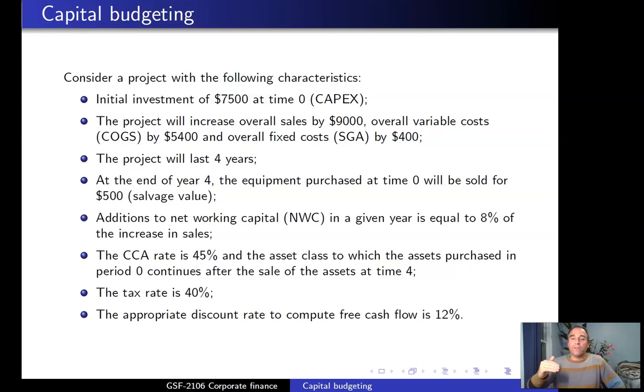We will not even be able to collect on other assets of the same class. Will be incurred by the firm. Why? Because the asset class continues. So this is not the unique asset in the asset class. The asset class includes other assets the firm already owns. Tax rate is 40%, and the appropriate discount rate for the free cash flow calculation is 12%.